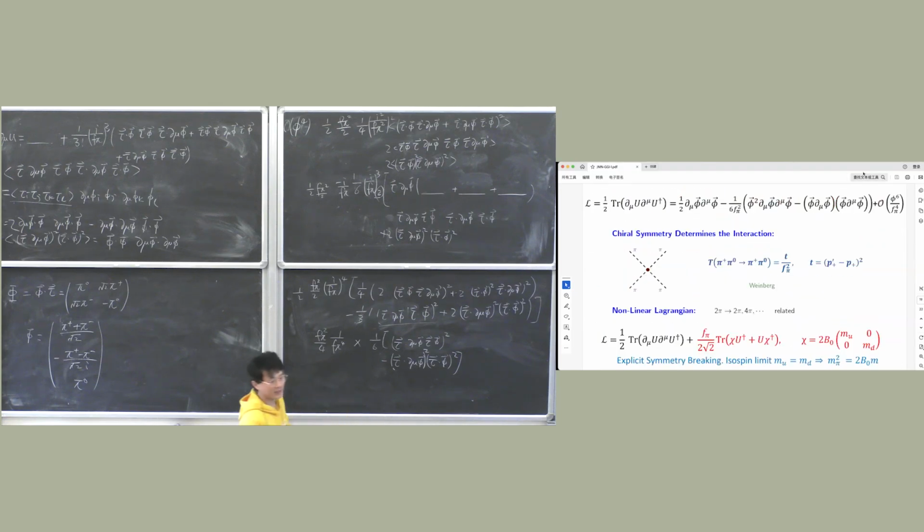Here, we can express the Lagrangian in terms of pion fields.